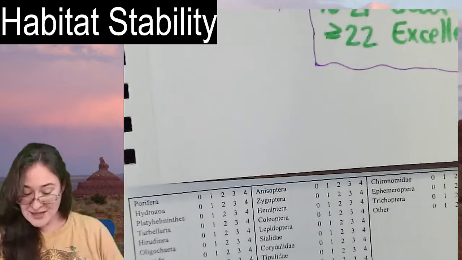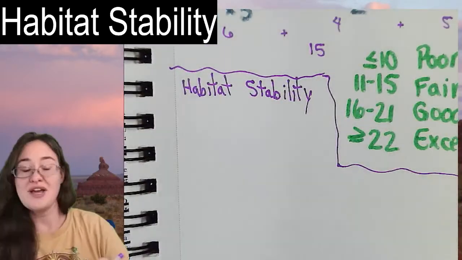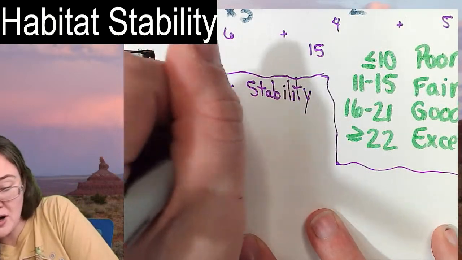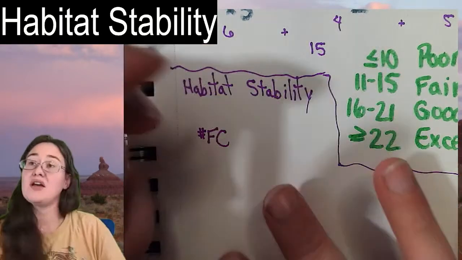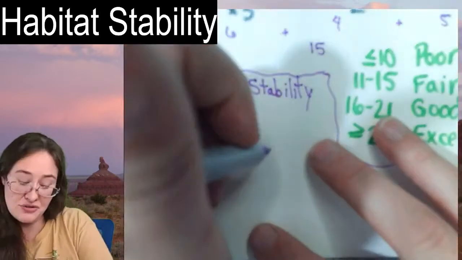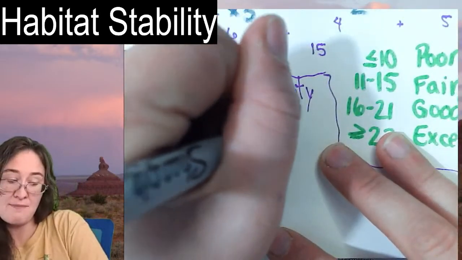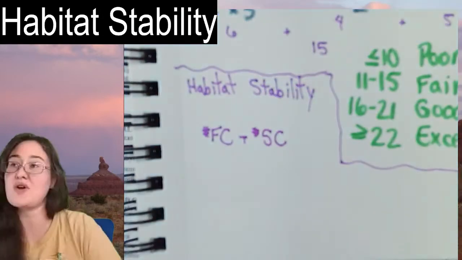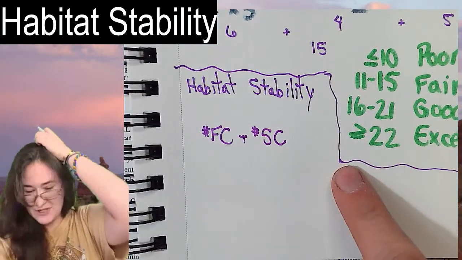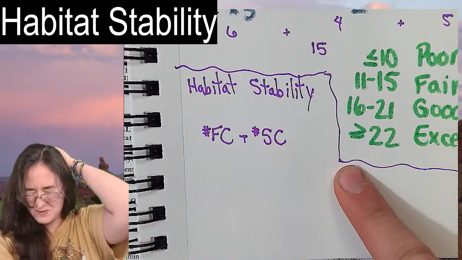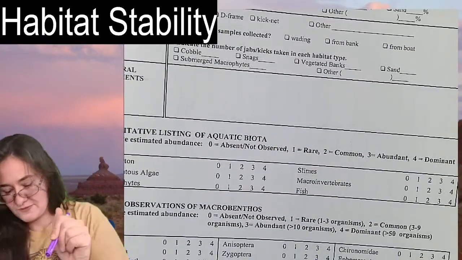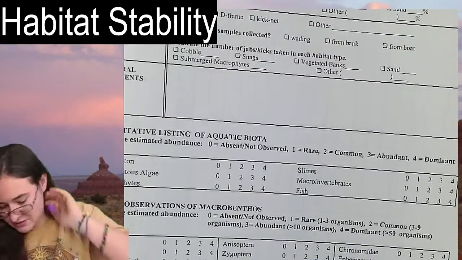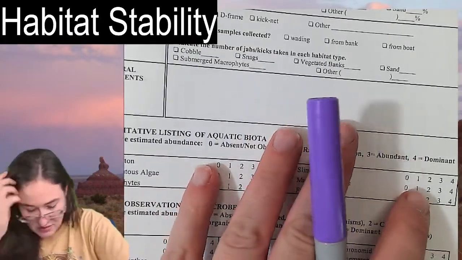So with habitat stability, what you do is you take the number of filter collectors and you add those to the number of scrapers. Isn't it scrapers?